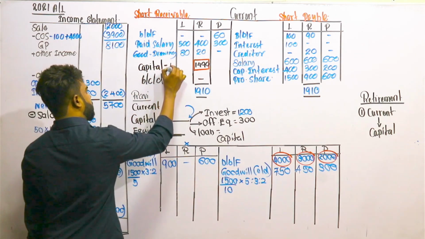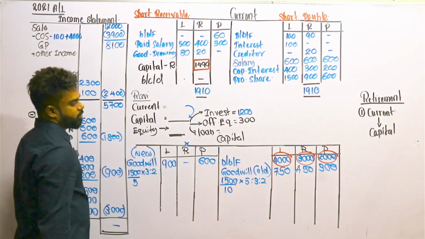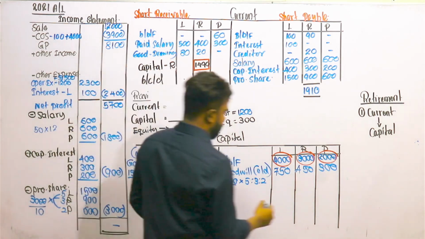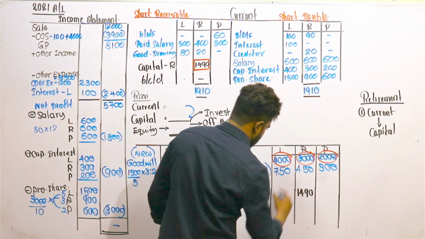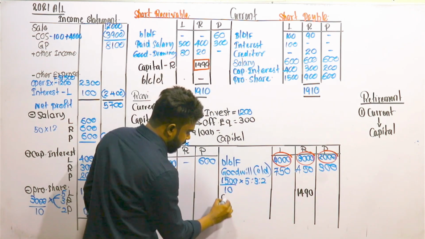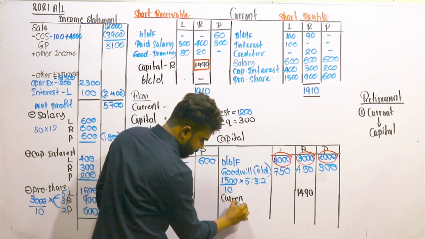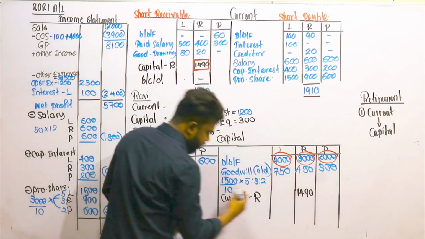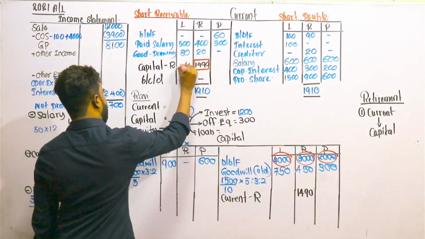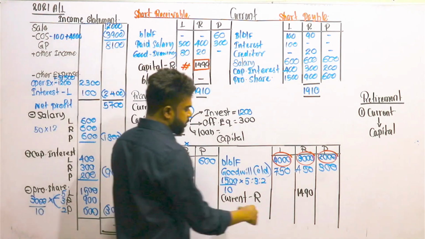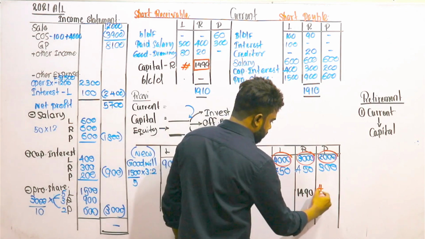It should be transferred from the current account of Ravi to the capital account.